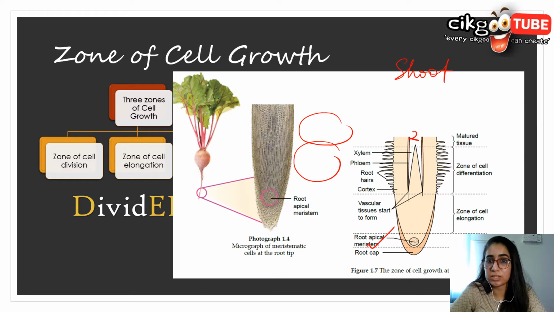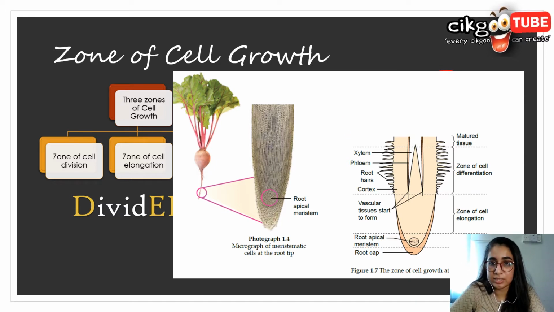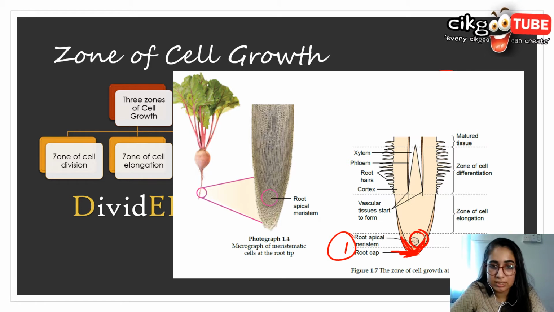So this one is root. If you look at this, same thing. Now we have here the root apical meristem. This one is the root cap. Don't get confused. Although it is the outermost, this is not the apical. This is the root cap. Apical is here. This is the root apical meristem.